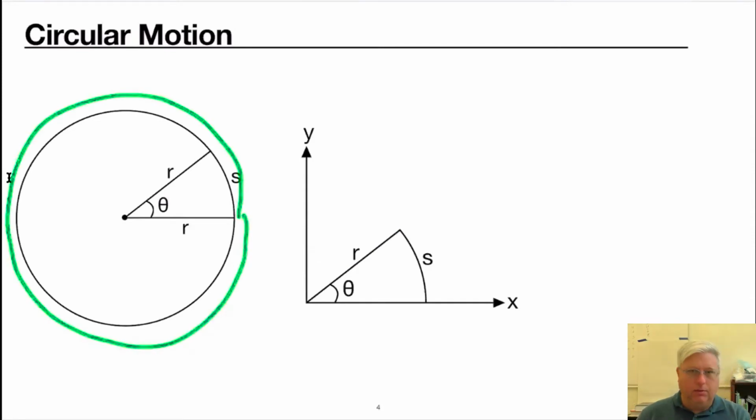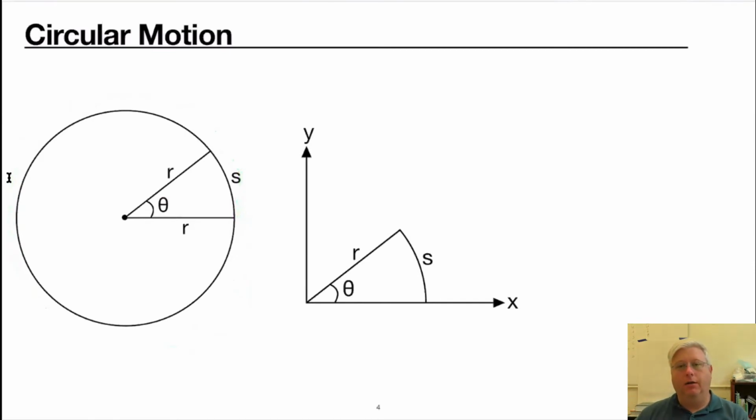If you were to roll a tire one full rotation, and maybe put some paint on it so that it made a line, it would actually make a straight line. And the length of the line would be the circumference of the tire. So we know that that's 2 pi r.